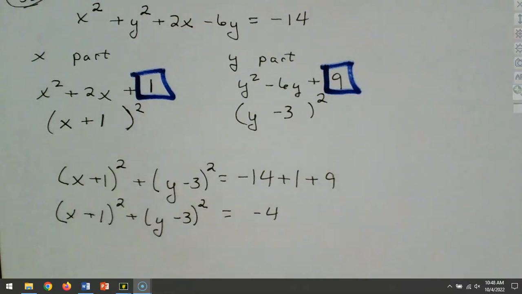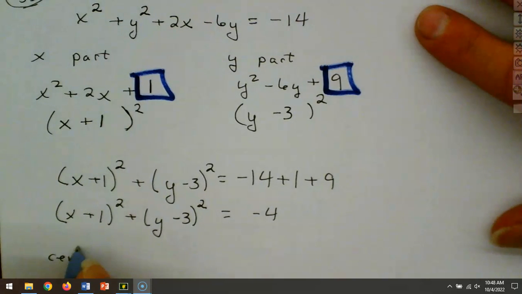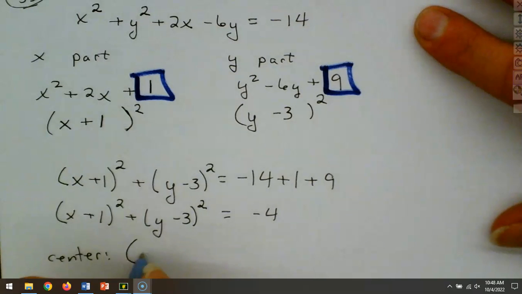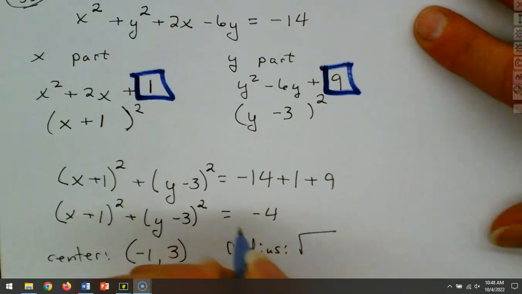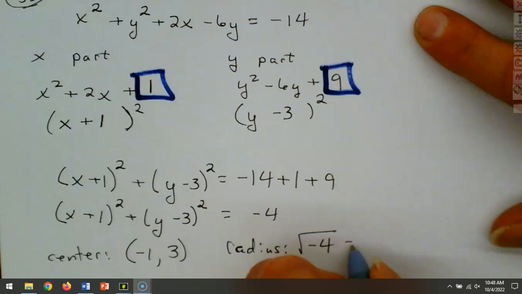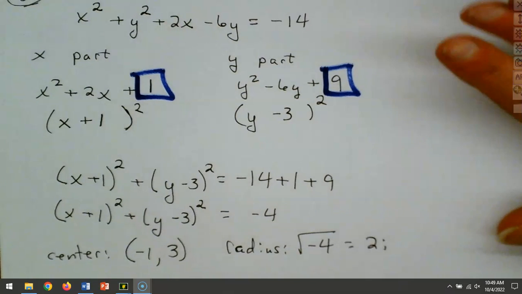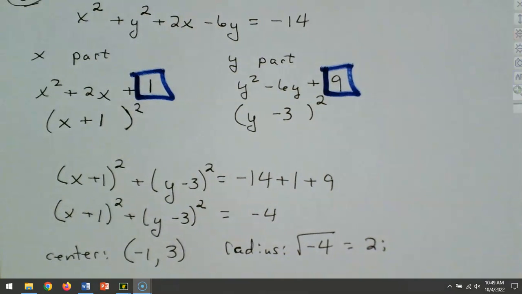Go ahead and pass up the sign-in sheet. Don't forget. This one's going to be non-existent, and here's why. It has a center, which would be minus 1, 3, but the radius gives us the problem. The radius is the square root of a minus 4, but remember from 1.3, that comes out as a 2i.